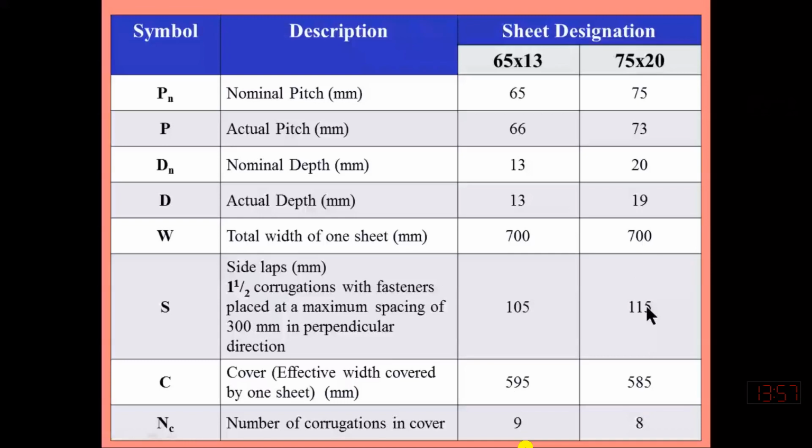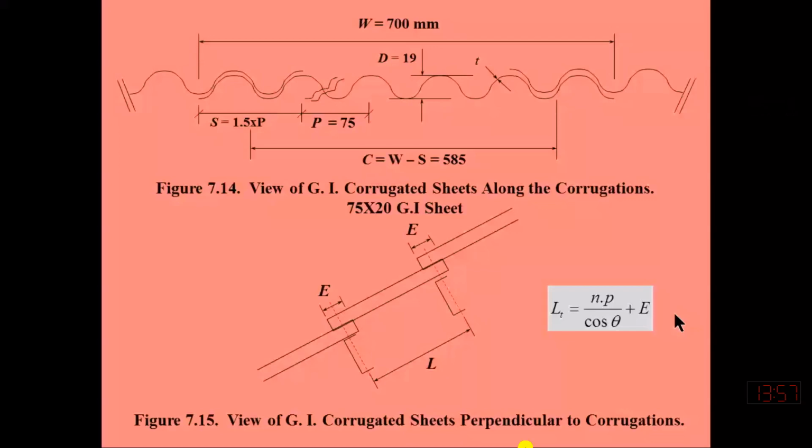If we subtract the side lap from the total width, then that will be 585. So I need to correct here. Yes, it is already correct, 585. So a sheet of width 700 millimeter is only covering a space of 585, and the other 115 millimeter width is used to cover the lap.